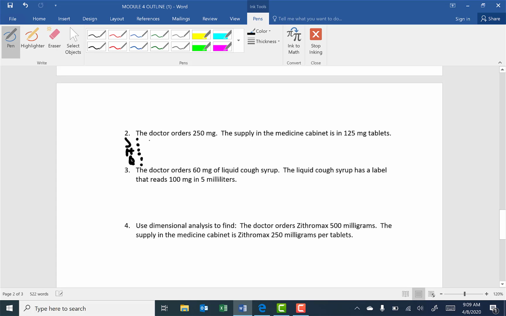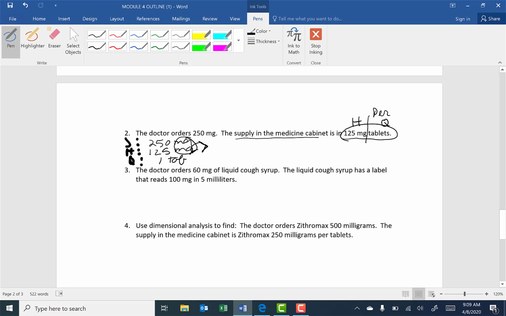So the doctor orders 250 milligrams. The supply in the medicine cabinet, this is what's on hand, is 125 milligram tablets. Notice it doesn't say per, but the per would go right there. That's what you have to watch. This is my H, and this is my Q, 1 tablet. So I have 125 milligrams and 1 tablet. Check first, do D and H have the same unit?